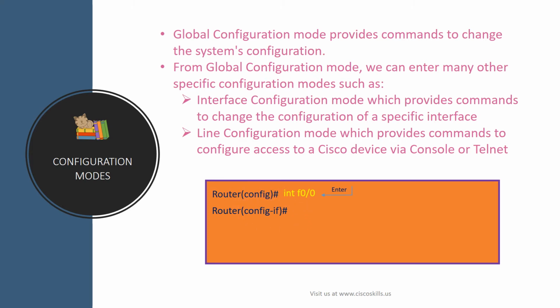So we can perform all the configuration for the interface F0/0. In order to get back to the configuration mode, we need to issue the command exit and then hit enter. In this case, we can also press Ctrl Z. It will get us back to the configuration mode.